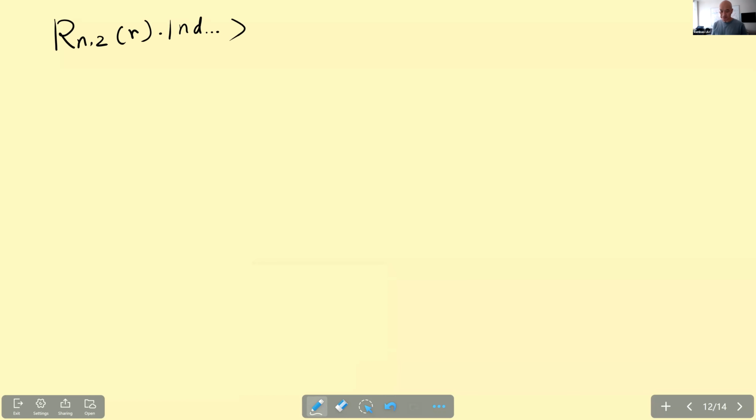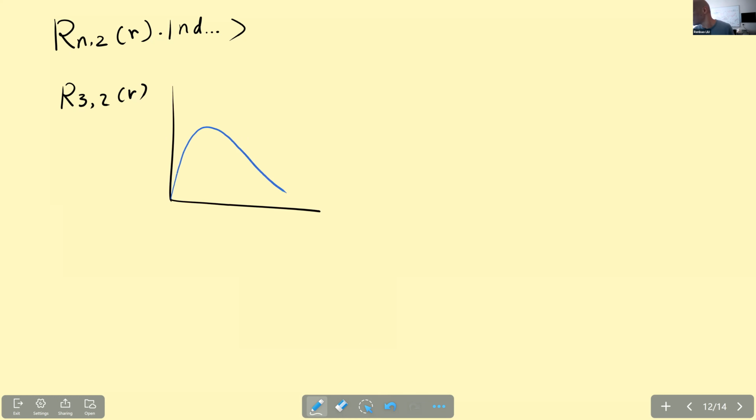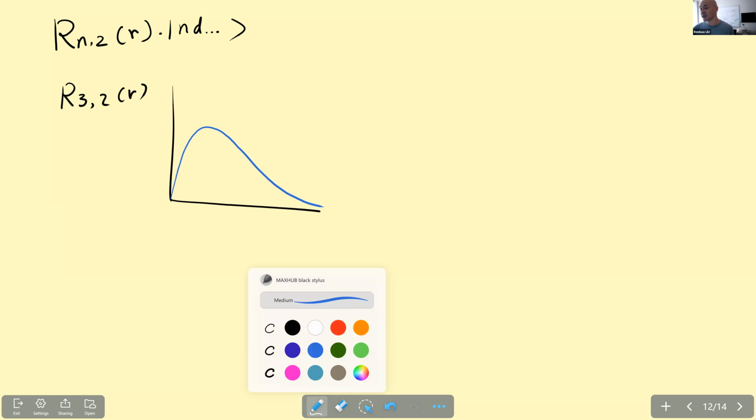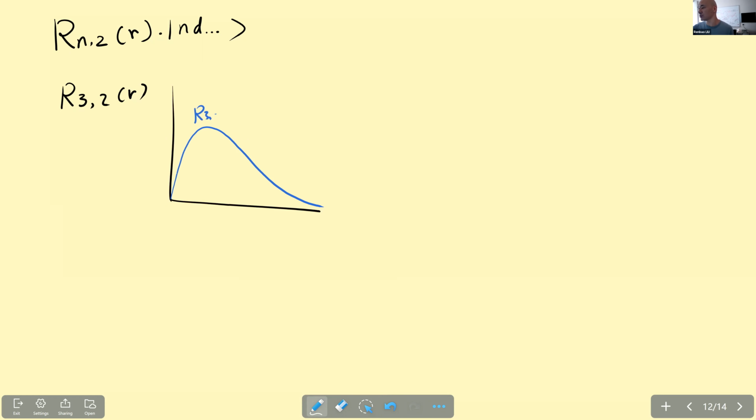Okay. Now, for example, you can consider the case R32, right? So you know that this one must goes like something like this. That's no loss, right? So this is R32.